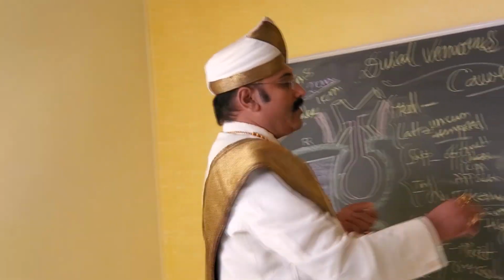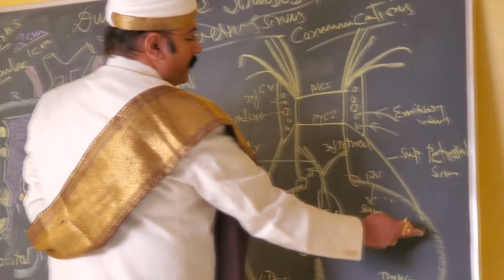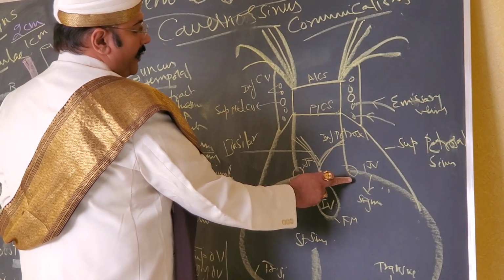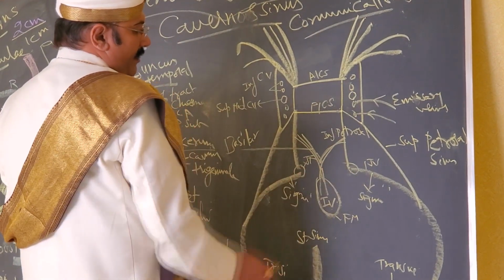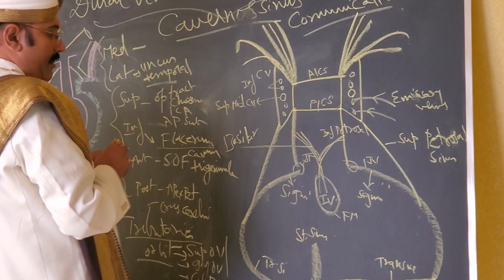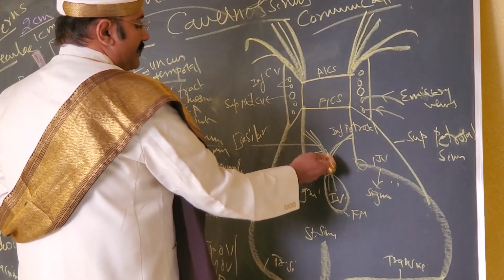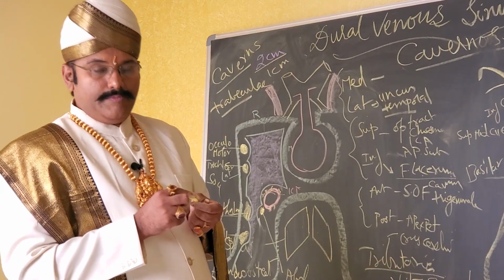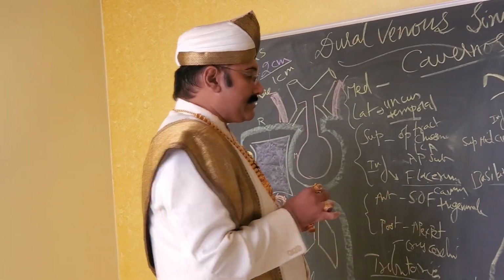Here you have got the superior petrosal sinus communicating with the transverse sinus, the inferior petrosal sinus communicating with the internal jugular vein that is present in the jugular foramen. There is the basivertebral venous plexus that is communicating with the internal vertebral plexus of veins.